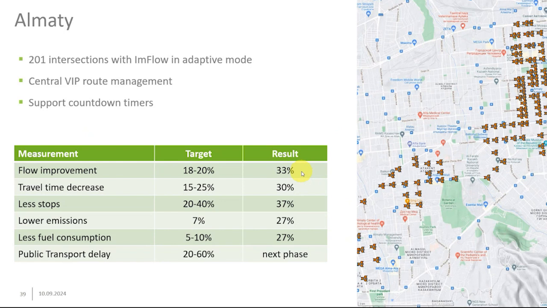But even having that in mind, this is really on the upper end of what I think is achievable under any circumstances. So 33% inflow improvement, 37% less stops, 27% lower emissions, less fuel consumption, travel time decrease of 30%. That is really a very, very good number.